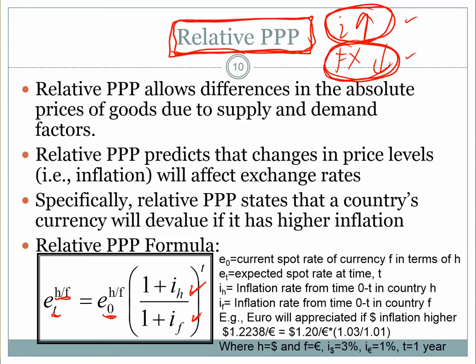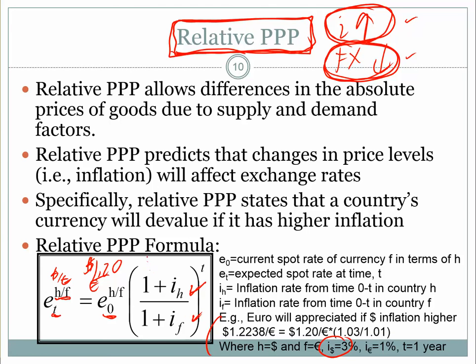So here's the example I put down here. Say that the euro is selling for $1.20. That's a euro per dollar. So this is euro over dollar. And the relative PPP would predict that the exchange rate will change relative to these two inflation levels. So I'm going to take inflation in the dollar, say 3%.